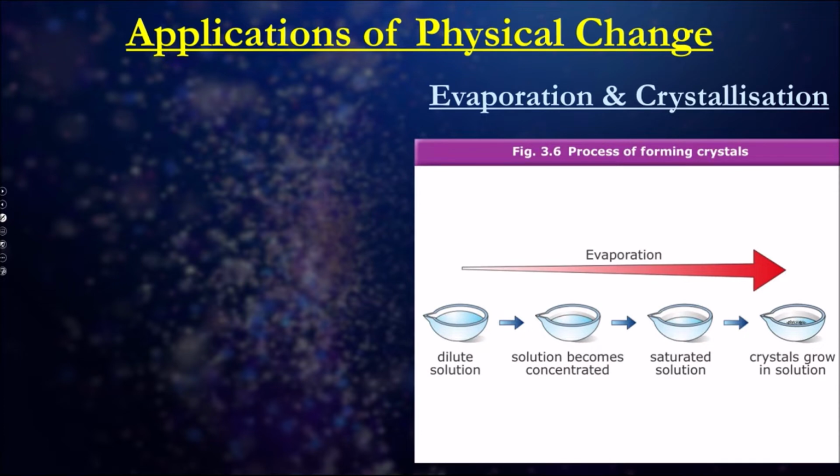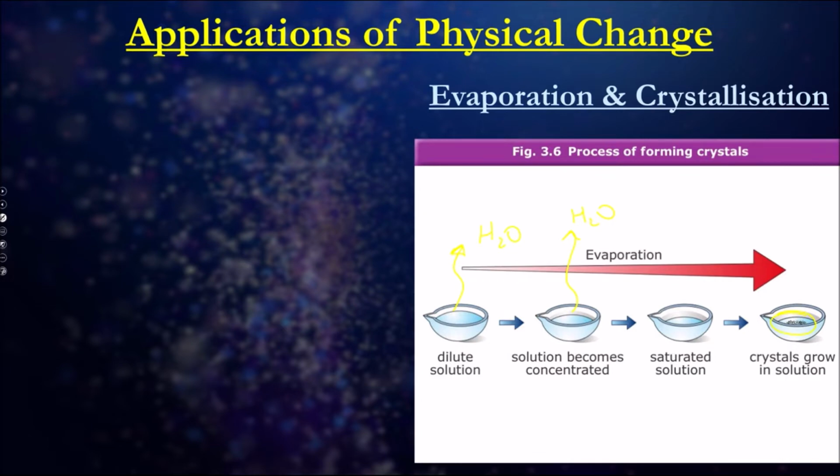So evaporation, all you're doing is trying to get rid of the excess H2O over a period of time. The surface H2O simply escapes the surface of the solution. As more water disappears into the atmosphere, you're left with a saturated solution, and when something is saturated, little crystals will form.